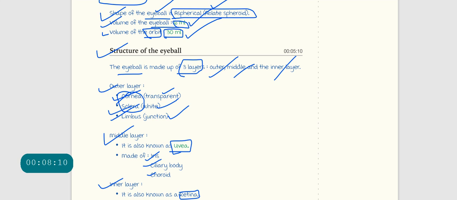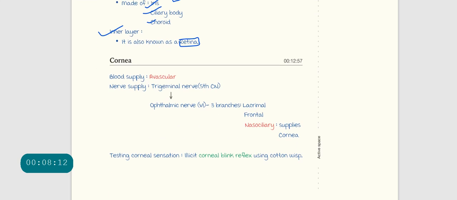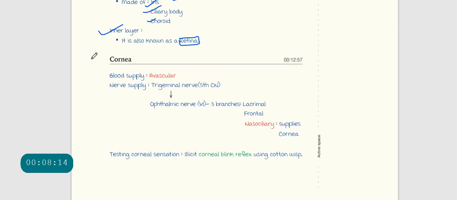Okay, the blood supply to the cornea: it is an avascular layer. It doesn't have any blood supply. The nerve supply to the cornea, yes, there is a nerve supply, that is the trigeminal nerve or fifth cranial nerve. Very important.